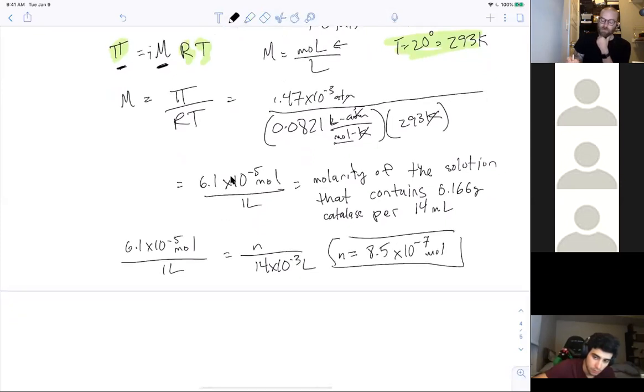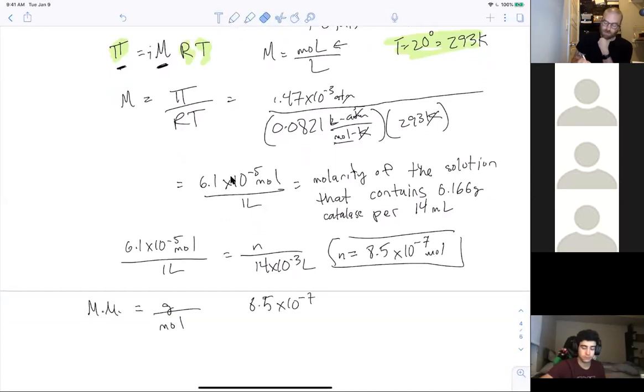Okay, but that tells me the number of moles. And then by definition, molecular mass is in grams per mole. And so we know that there are 8.5 times 10 to the minus 7th. Oops, sorry. We know that there are 0.166 grams per 8.5 times 10 to the minus 7 moles.